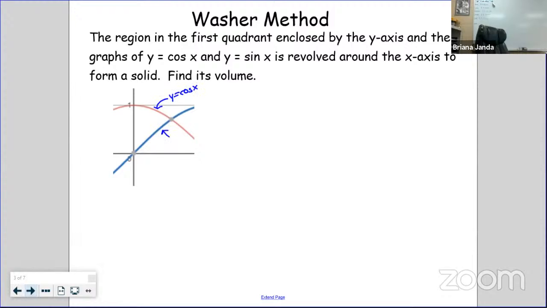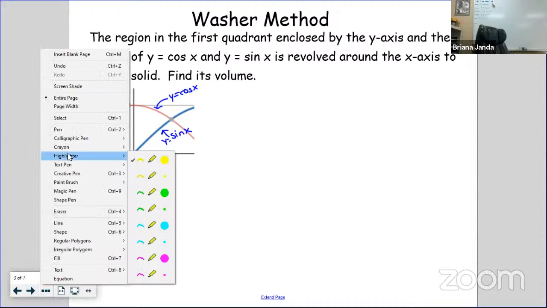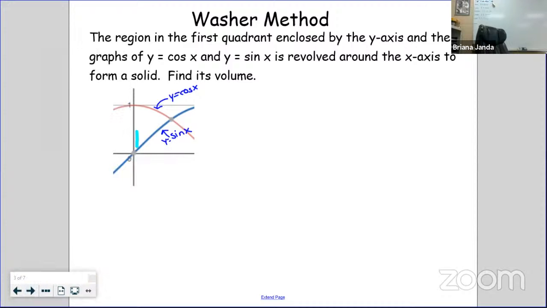And that's your y equals sine of x. And the y-axis means that our shaded region will be here. So it's this area right here that we are going to revolve around the x-axis.